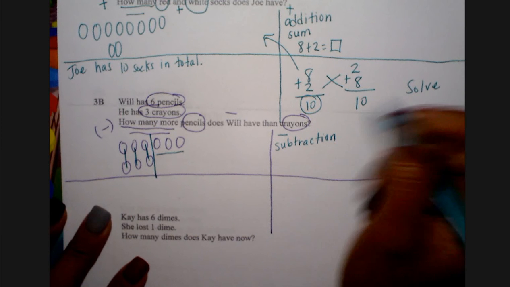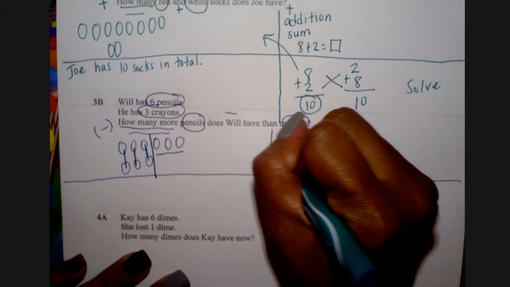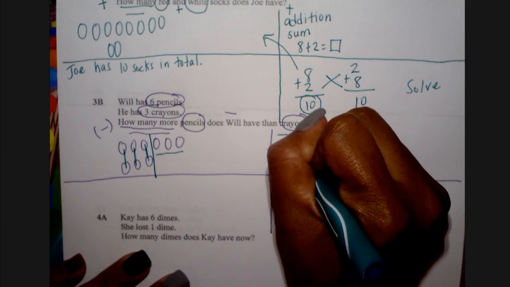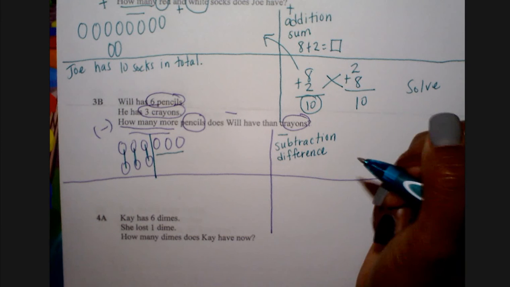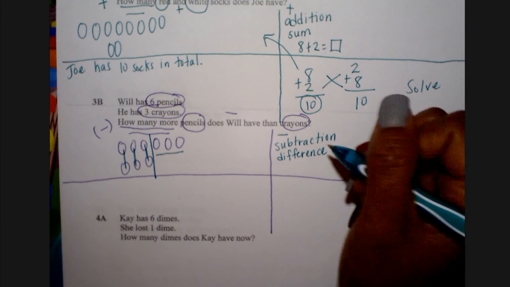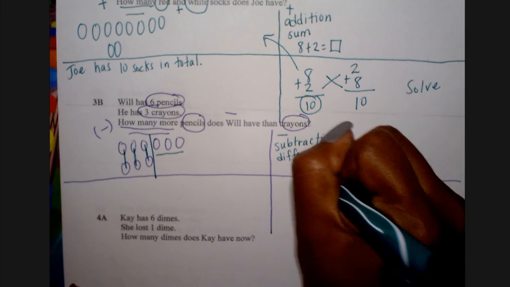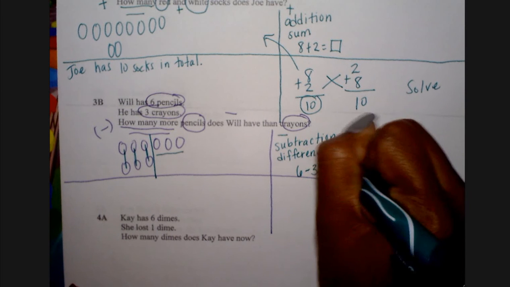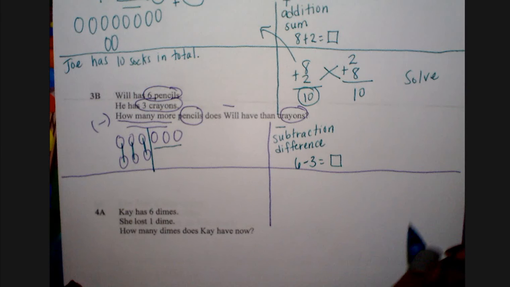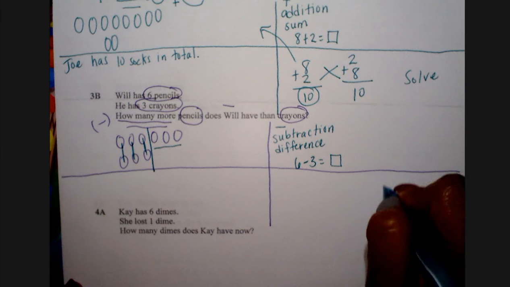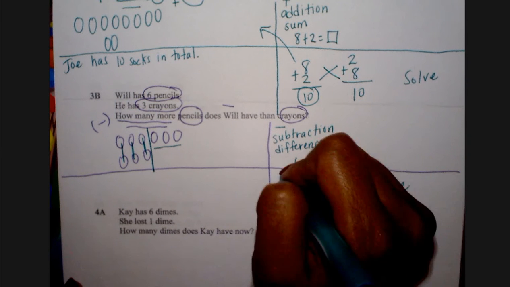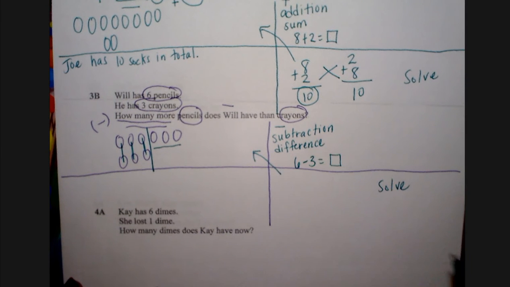And when we are subtracting, we are looking for our difference. Our equation in subtraction, the bigger number goes first. So 6 minus 3 equals solution box. Again, this is where we solve, and it should match over here.